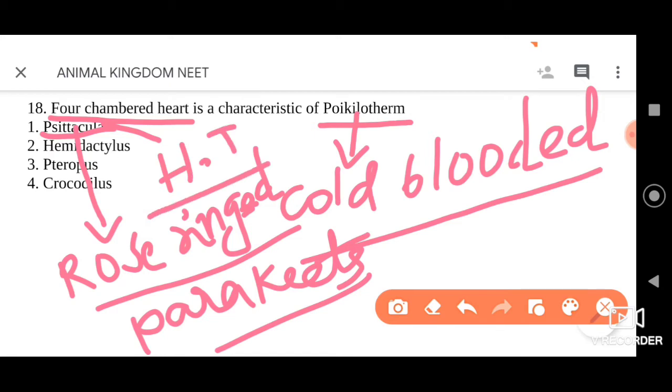They are not Poikilotherms. So even though the Psittacula, the rose-ringed parakeets, have a 4-chambered heart, let me tell you, they are homeotherms. So we need Poikilotherm here. All right, so as they are homeotherms, this option cannot be considered.